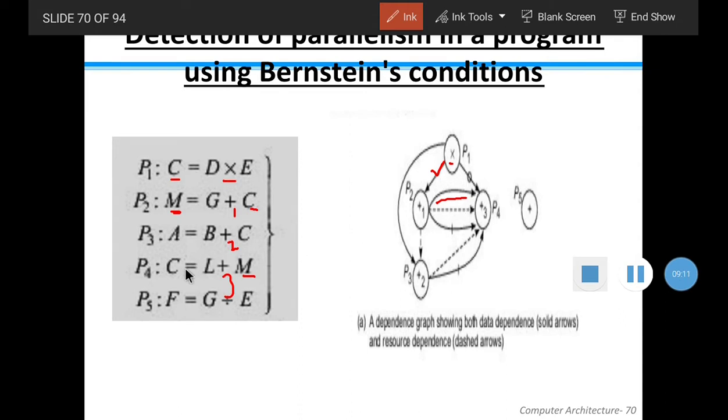And there is also an anti-dependency between P2 and P4, that's why there is this dashed line here, so this is anti-dependency.